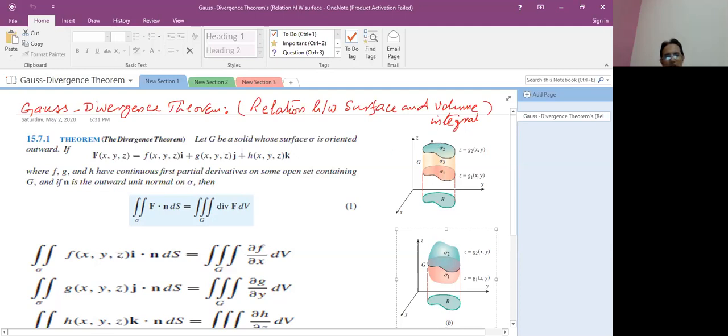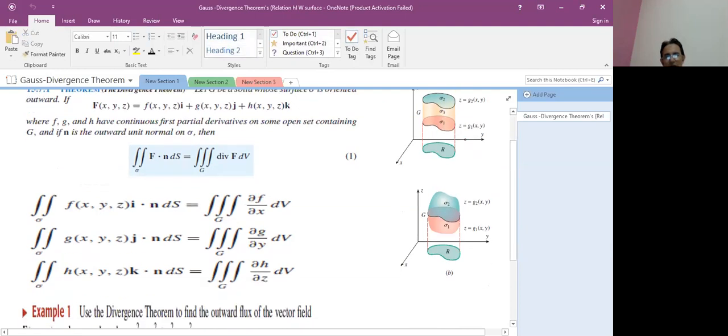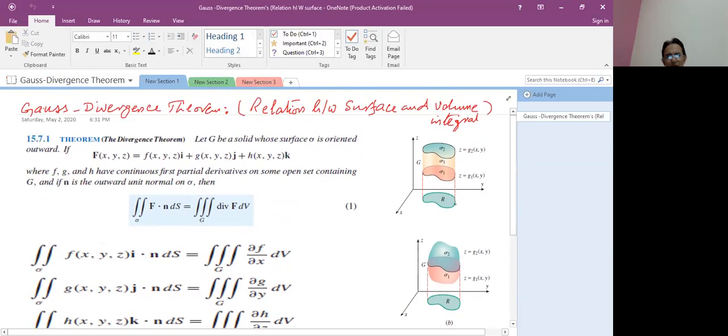So student, what do we call the outward normal? Let us draw it. For example, if we consider the surface, this is called the outward normal, and if in the downward position, the normal, the perpendicular line on the surface, it is the inward normal.